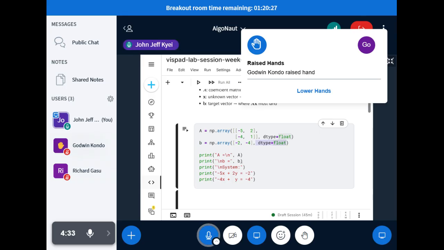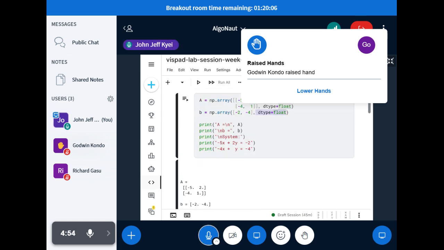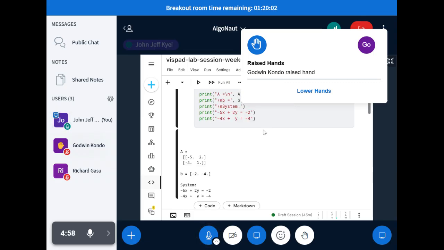So A is the matrix and b is the vector. This is what it looks like, just printing A, and you notice that we structure the coefficients into the matrix A and the constants into vector b.